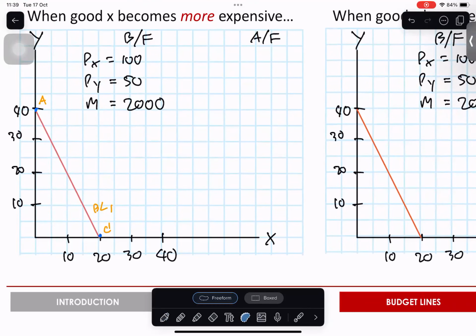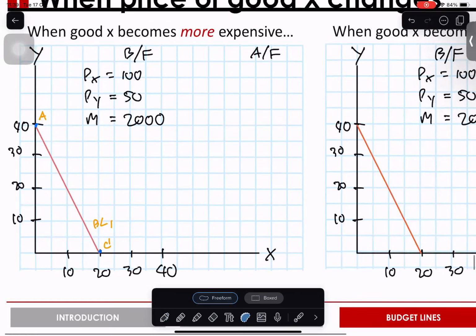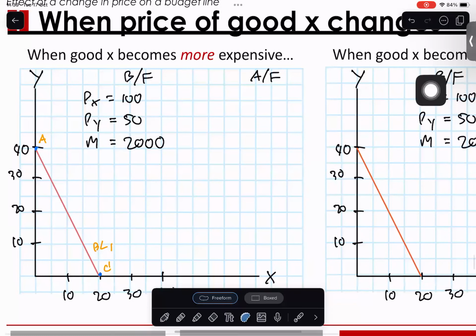Now, we want to see what happens to this guy's budget line if the price of good X changes.